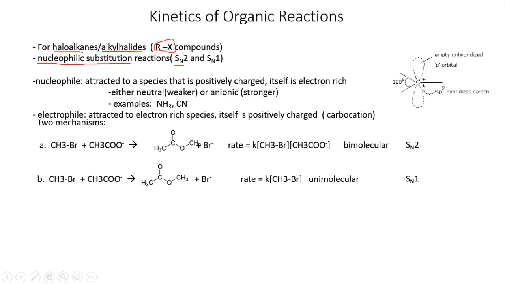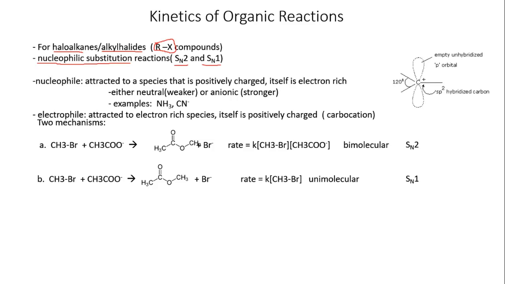And these are referred to as SN2 and SN1 reactions. The S refers to substitution, the N refers to nucleophile, and the 2 and the 1 refer to the type of molecular step involved in the rate determining step.